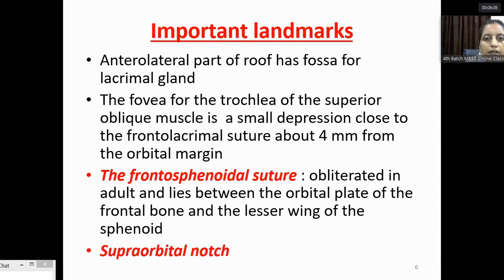What are the important landmarks? The anterior lateral part of the roof has the fossa for the lacrimal gland, and the fovea for the trochlea of the superior oblique muscle is a small depression close to the frontolateral suture, about 4 millimeters from the orbital margin. The frontoethmoidal suture is obliterated in the adult and lies between the orbital plate of the frontal bone and lesser wing of the sphenoid, along with the supraorbital notch.